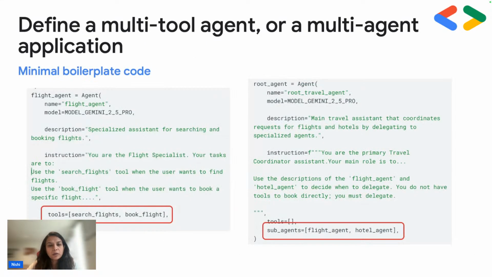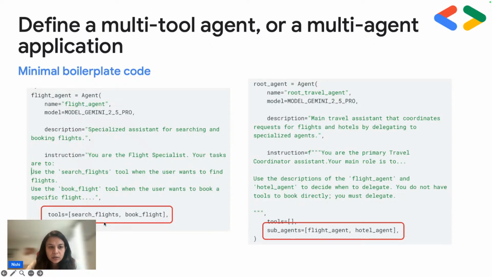Right. Now, getting into a few specific features of Agent Development Kit. One is that there's minimal boilerplate code needed to build your agents. If you see over here, when you're building an agent, you just need to provide the name of the agent, the model which you want the agent to use, the description of your agent, instructions, and then you can provide tools.